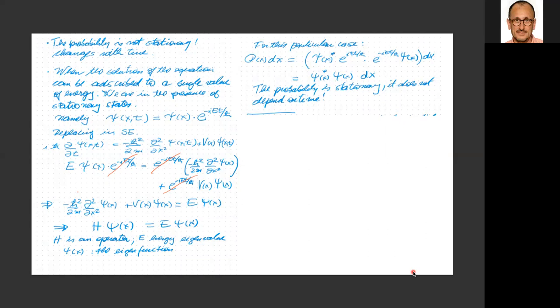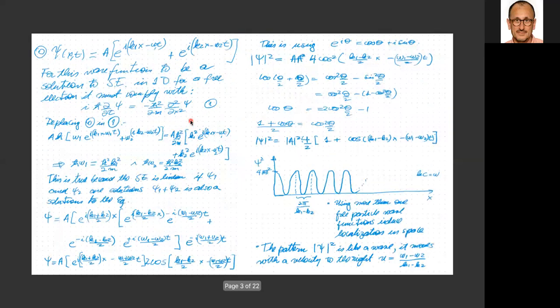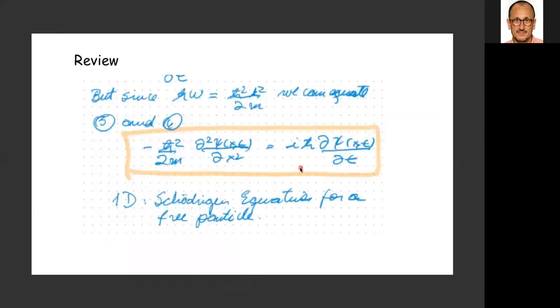We know that when we have a solution with a single value of energy, I can write a solution like this: phi of x, t is equal to phi of x times e to the minus iEt over h bar. Why can I write it like this? Because this is the solution to this equation, okay?